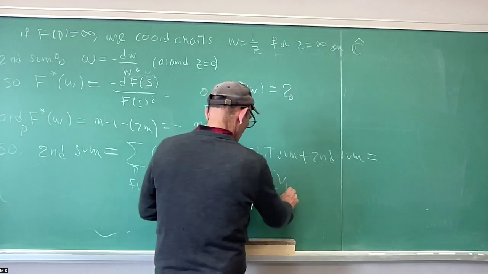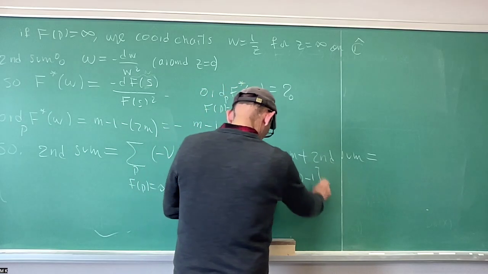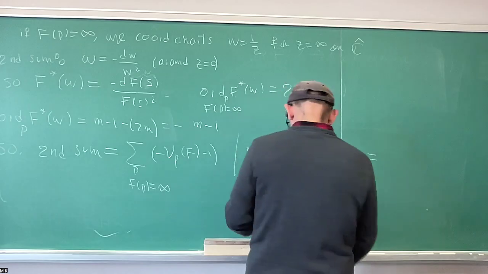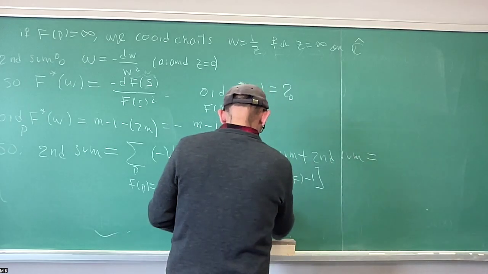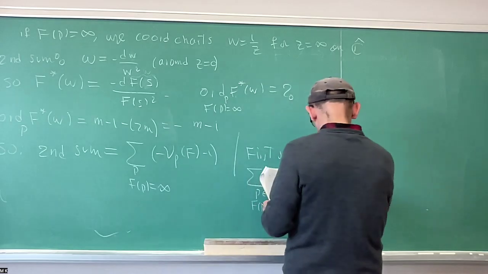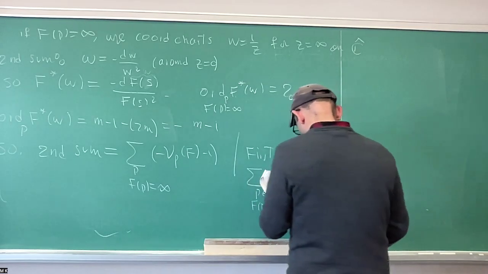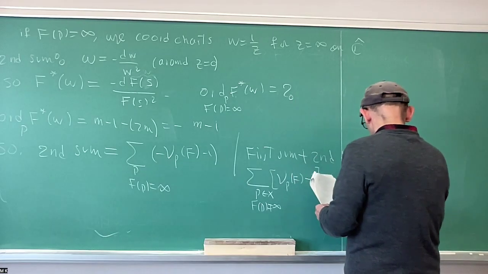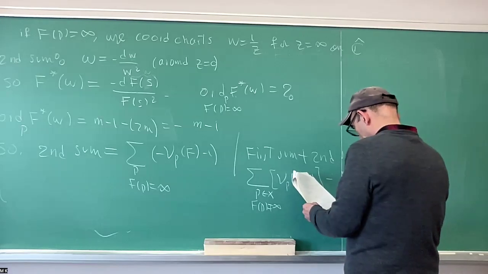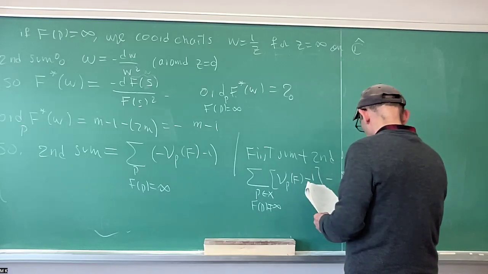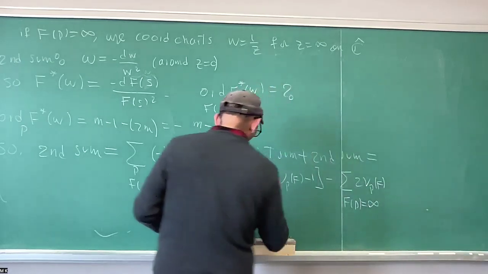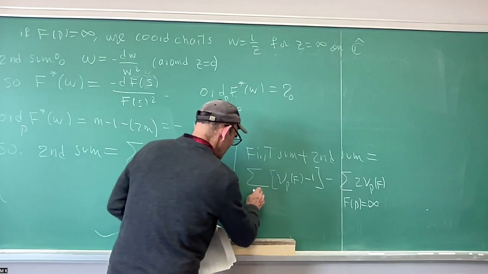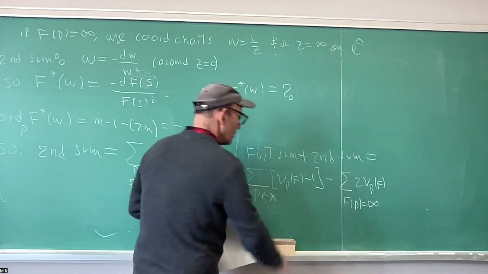So remember we have mu p of f minus 1, p belonging to X, f of p different from infinity, minus the sum of 2 nu p of f, f of p equal to infinity. Oh, no. This is over all of them. Yeah, this is the tricky part. This is over all now.